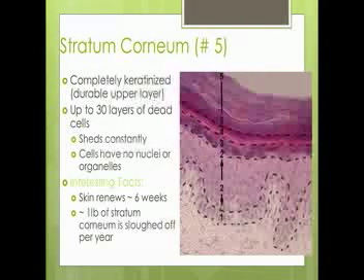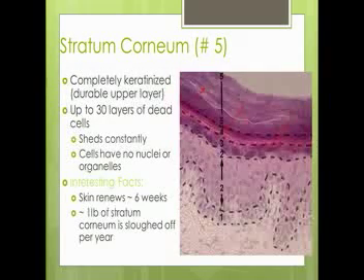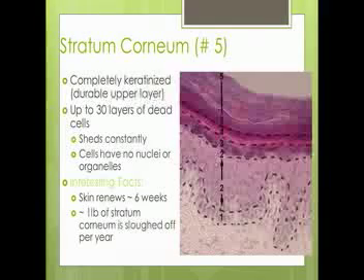Stratum corneum is a completely keratinized, hardened superficial layer. It can contain up to 30 layers of dead keratinocytes. It is constantly shedding or sloughing off these cells, and really these dead keratinized keratinocytes have no nuclei or organelles present.